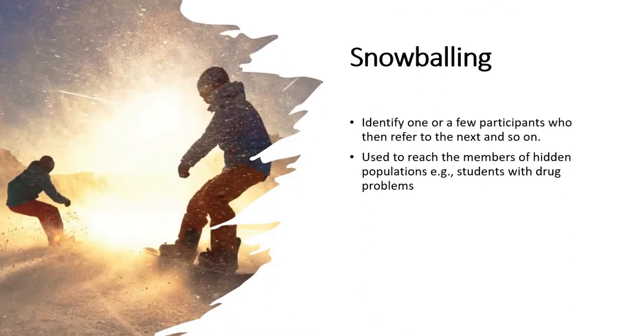Another approach which might be very suitable or the only feasible option in some cases is snowball sampling. In snowball sampling, we first identify one or few participants who then refer to the next and so on. This is called snowball sampling because just like a snowball, as we move forward, our sample grows. It is highly effective. In fact, it may be the only feasible approach in some cases.